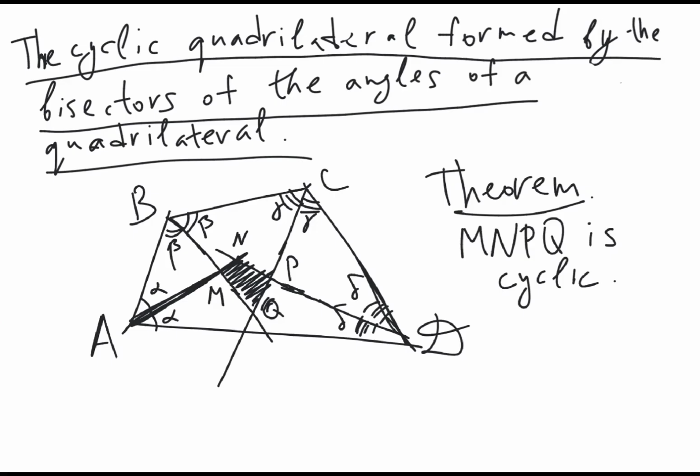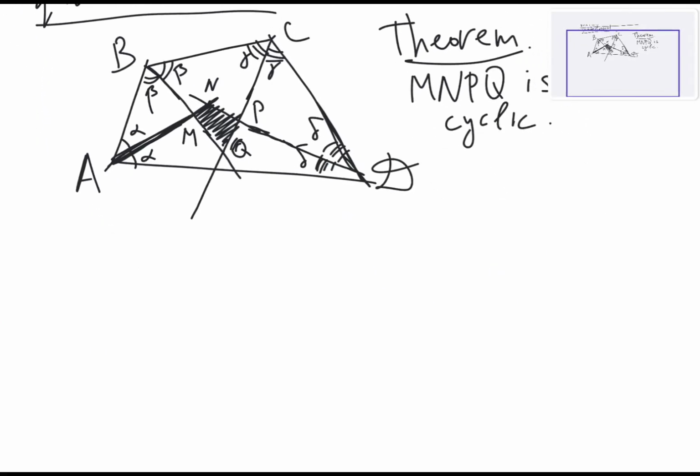Another name for this notion is inscribed. So inscribed in a circle and cyclic are the same thing, synonyms. So let's prove this theorem.